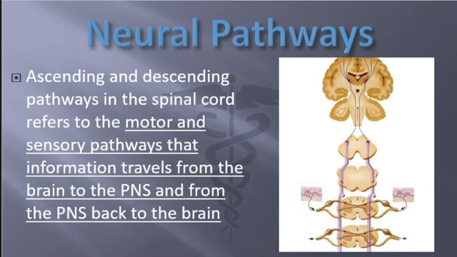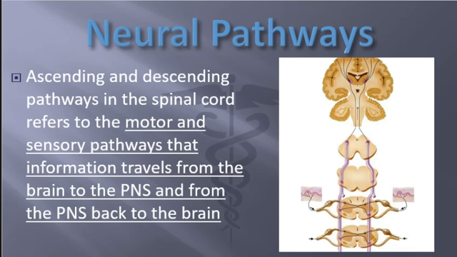So you're going to put that in that blank as well as you can. All right, so motor and sensory pathways, where information travels from the brain to the PNS and back again.